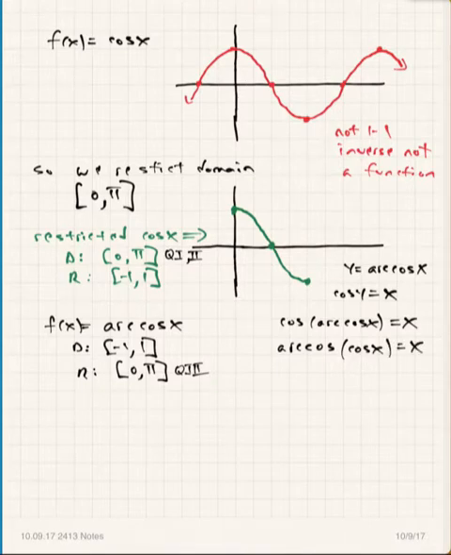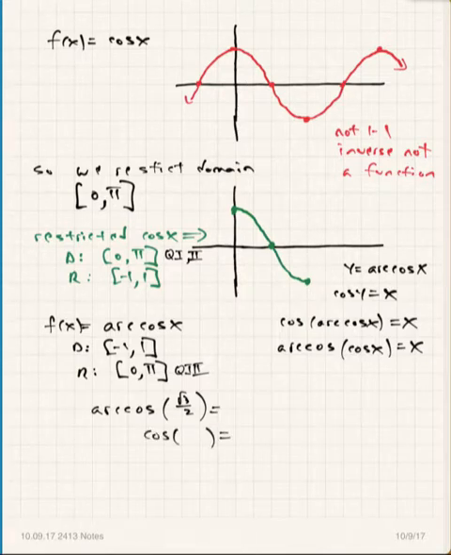All right, and again, let's look at a little bit of evaluating here. The arc cosine of the square root of 3 over 2. Square root of 3 over 2 is in the correct domain for the arc cosine function, and to figure that out, we would say, okay, the cosine of what is equal to the square root of 3 over 2.